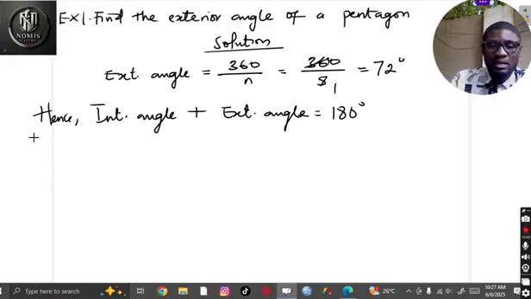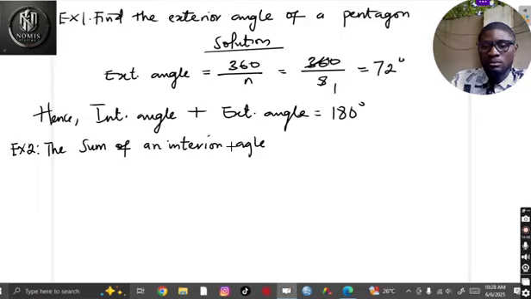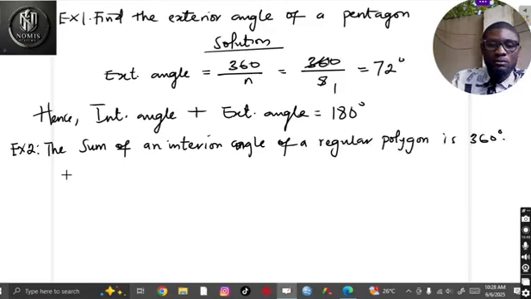Let's take another example to understand everything that we are doing. This example says that the sum of the interior angles of a regular polygon is 360 degrees.